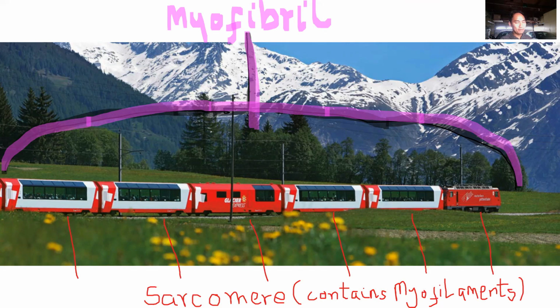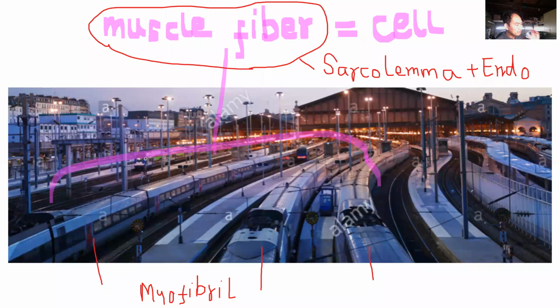Okay. So let's say we are seeing many trains, like 1, 2, 3 at least. If one train is equivalent to a myofibril, then multiple myofibrils together are wrapped with the sarcolemma.